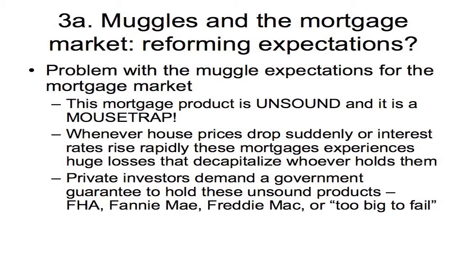Private investors will demand a mortgage guarantee to hold these unsound products. The private mortgage industry, by the way, retreated rapidly from the mortgage market. And so we're left with Fannie Mae, Freddie Mac, and FHA, or banks that are too big to fail, to be the ultimate investors in unsound products. You understand, okay?